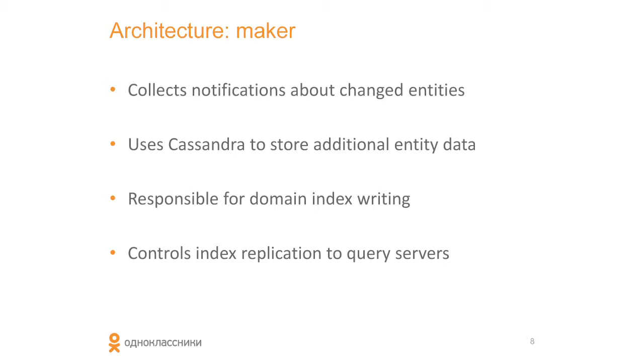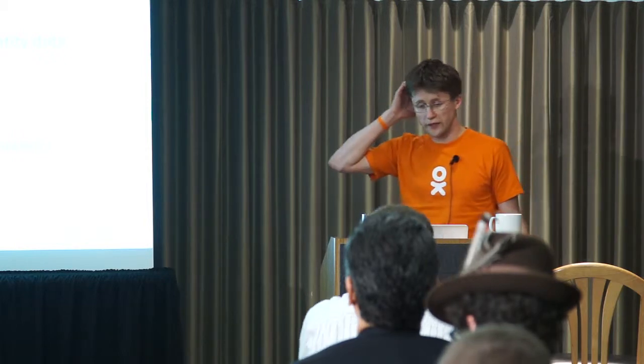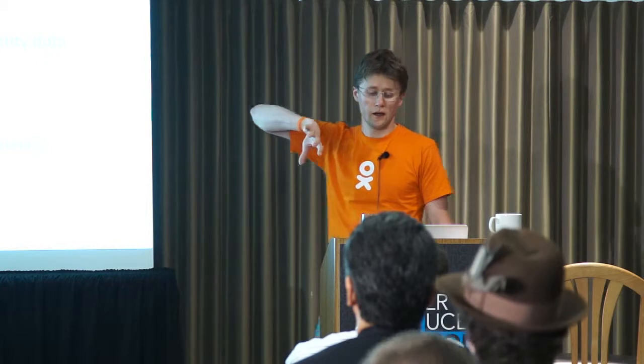This data is hard to reach in this big system, so we have a local Cassandra storage for this snapshot. When we have all the data for the document loaded, we create the document and submit it to the index.